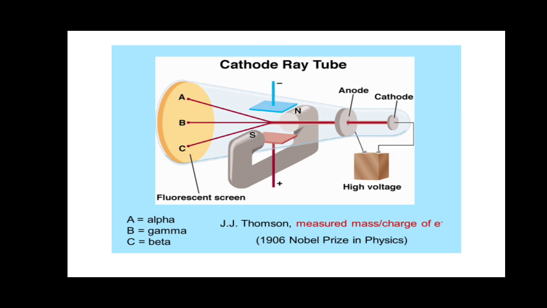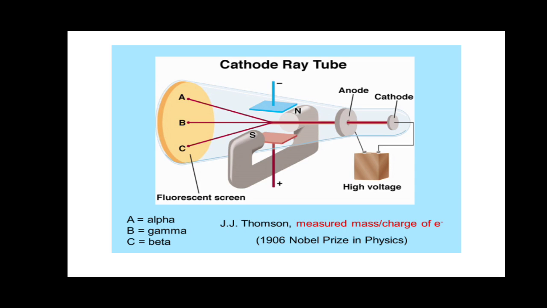It is a cathode ray experiment. A is denoted by alpha, B means gamma, C means beta. High voltage battery, anode and cathode, negative and positive charge.